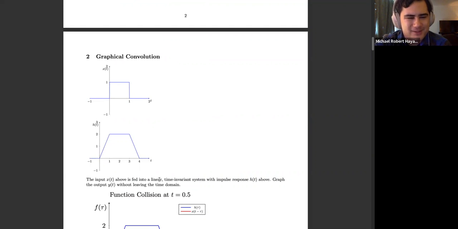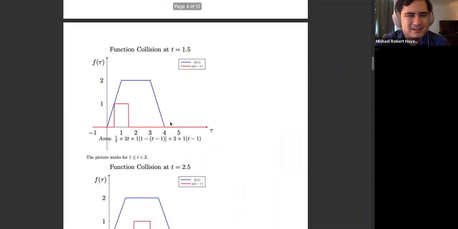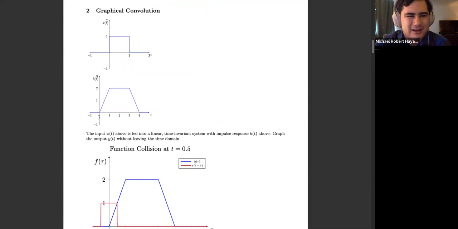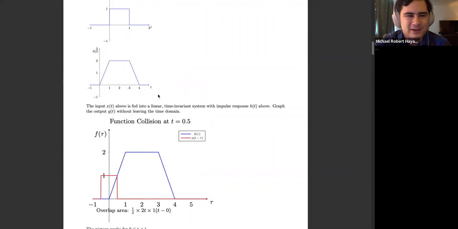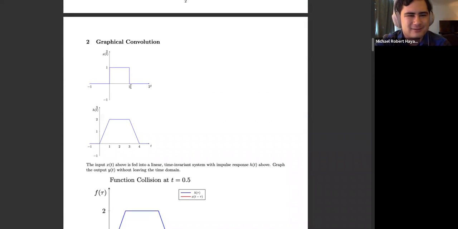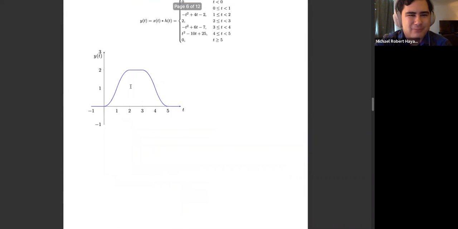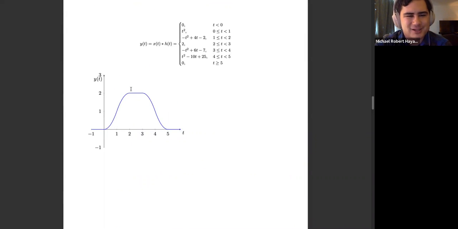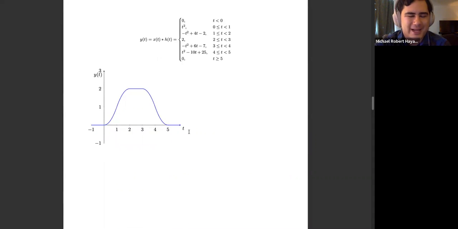And then this is a trapezoid. So if this were a delta function and we convolved them, we would get another trapezoid. But since it's a little broader than an infinitesimally thin delta function, we're going to get something that broadens and smooths out the edges of the trapezoid. And this is kind of what we have. So I would say this is a reasonable answer to get.